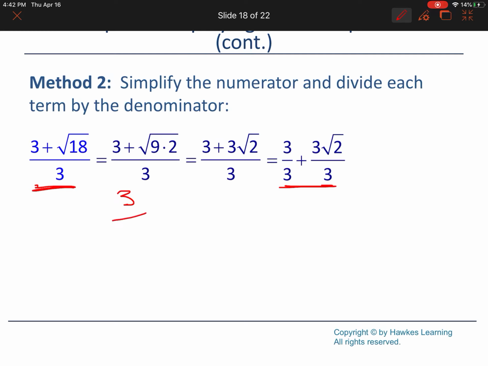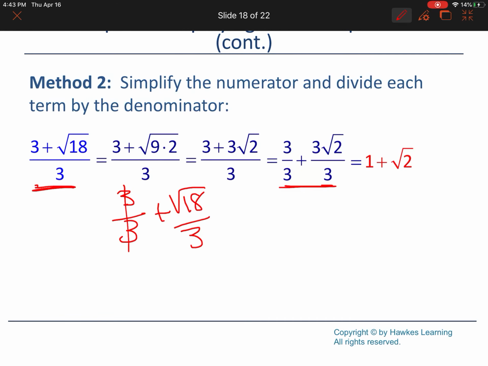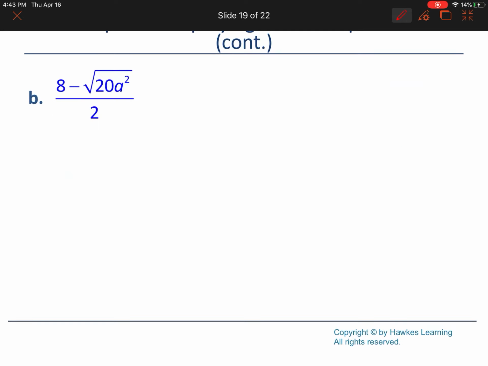And I could have had 3 over 3 plus the square root of 18 over 3. And I would have known that was a 1. But I still would have had to simplify that square root of 18. So no matter what, you don't get out of that. I would still simplify the square root of 18 and make it 3 square root of 2, in which case I could still simplify. Okay. Did I go too fast and you see that it's the same answer, right?